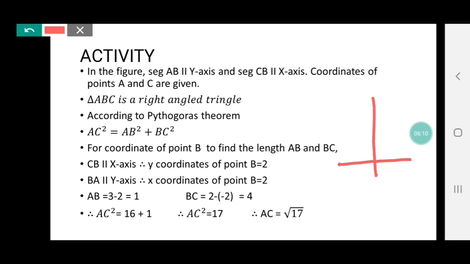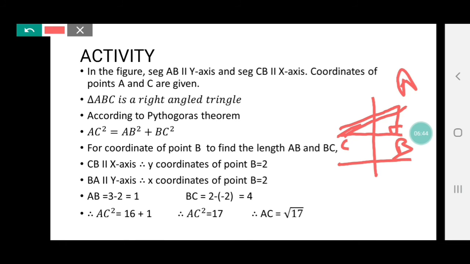Here somewhere is a triangle drawn, which is a right angle triangle, and we are supposed to find the distance AC. As ABC is a right angle triangle, we can apply the Pythagoras theorem over there.